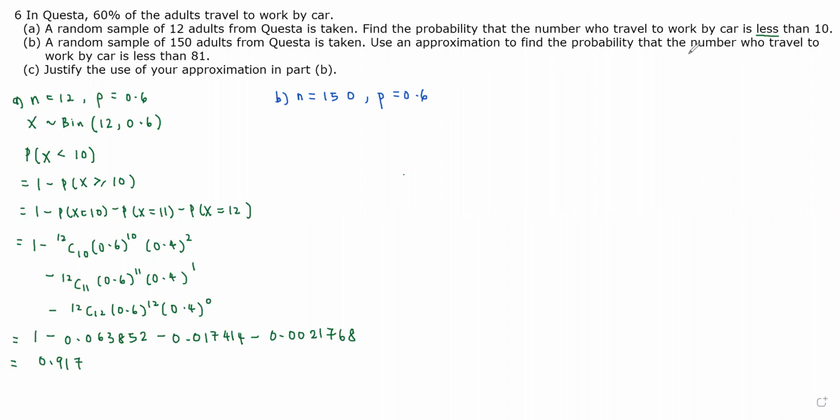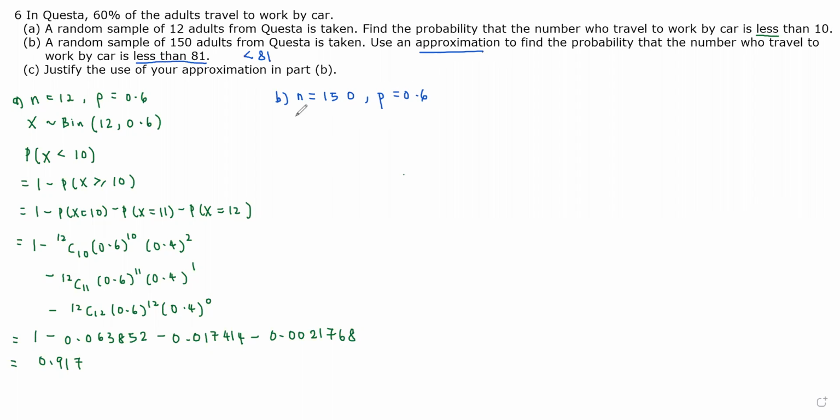We want to find the probability that the number who travel to work by car is less than 81. So we are not using a binomial for that. We need to use an approximation. When n is large and p is close to 0.5, we approximate it by a normal distribution. We have to find the mean and the variance of the normal distribution.